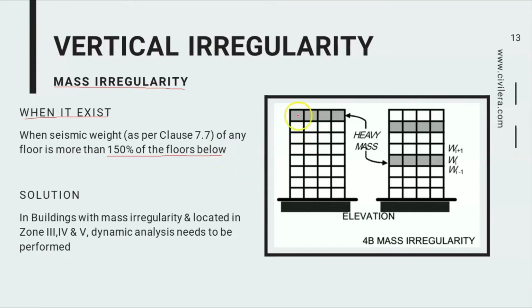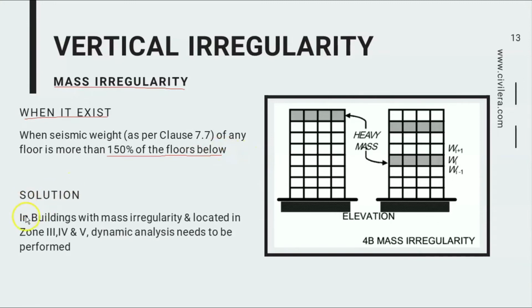So things like a water tank at the top or service floor at the top, swimming pools and heavy equipment, chillers, AC chillers at the top, or sometimes you may also have some functional differences. Say you have a very heavy floor here, and all lighter weight floors in between. So if you have such a case, call it mass irregularity.